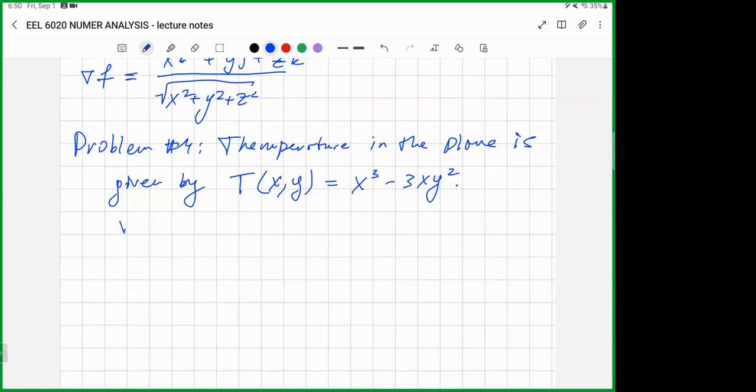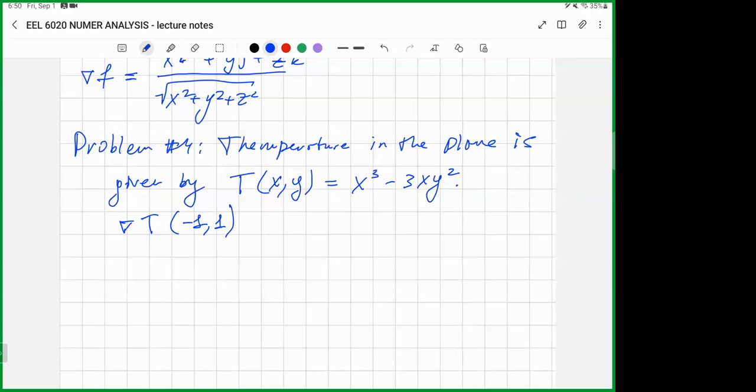So let's define the gradient of this temperature distribution. Let's obtain this temperature gradient at a particular point, like point 1, minus 1.